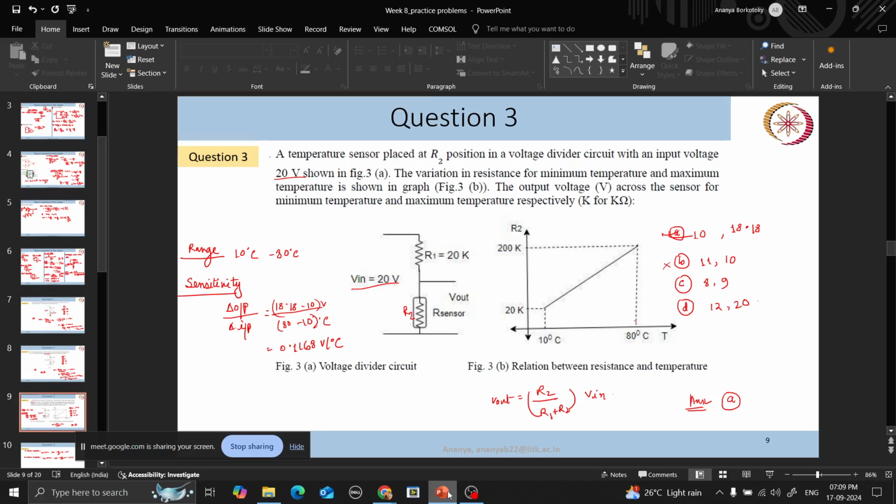I hope it is clear. Yes, you are right. Sensitivity, we normally consider as the output of the sensor. In this case, I am just calculating the output of the whole sensor system, so if it is a packaged system, what is the sensitivity, right?